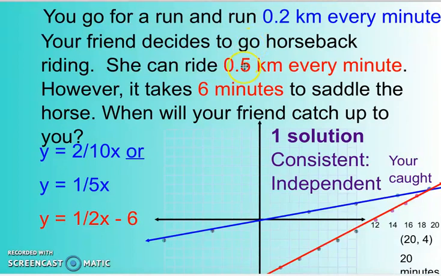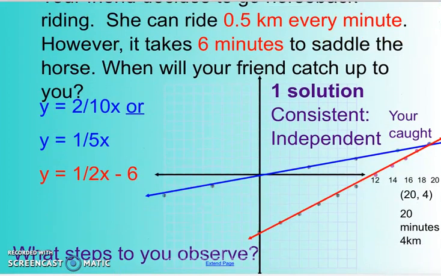Your friend can go horseback riding and can ride at 0.5 kilometers every minute. However, she needs to start 6 minutes later. What I want you to see are the steps below on how it was solved, to see if your friend would eventually catch up to you.